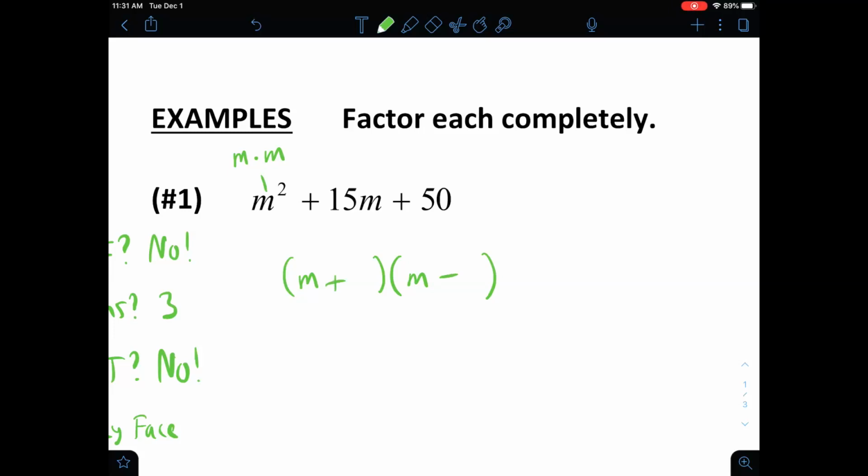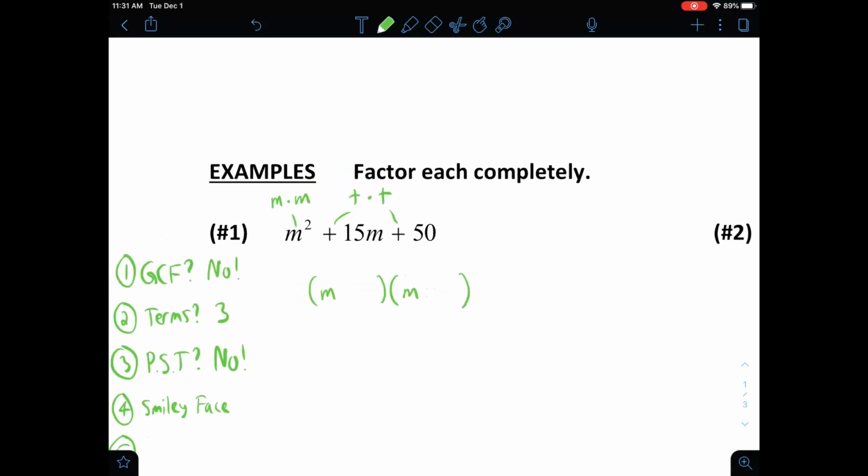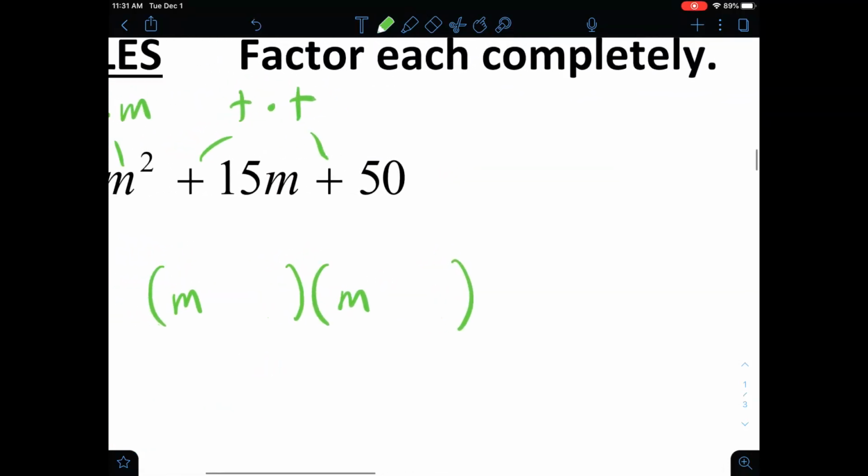Okay, now we need to check the signs. We could have a plus and a minus, a plus and a plus, or a minus and a minus, but we're not sure yet. So if these are both positive, the only way to end up with a positive 50 and a positive 15m is if they're both positive.